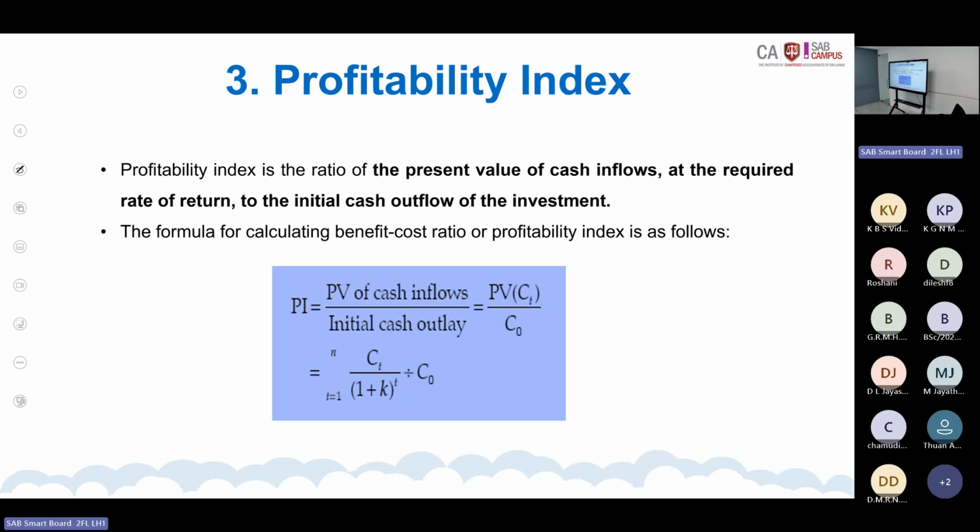In question number 1, we have calculated the PV of cash flows and taken the outlay. Calculate it quickly. Question number 2 is also the same.